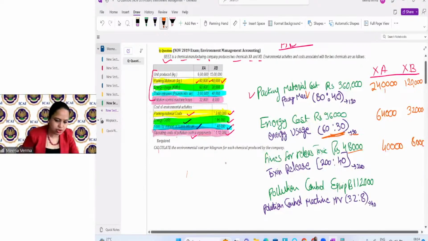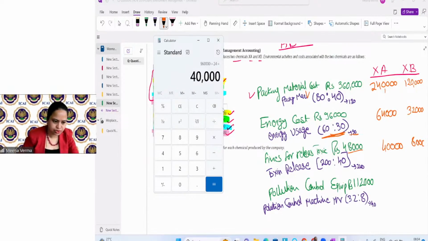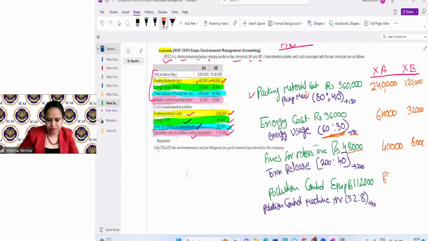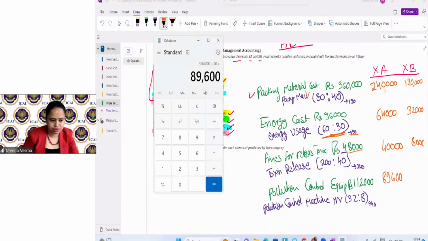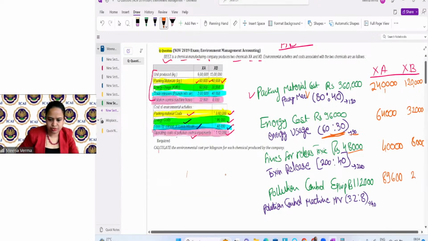Correct me if I'm wrong somewhere. Then 112 into 32 divided by 40 is 89,600. Then minus it from 112, this value is 22,400.